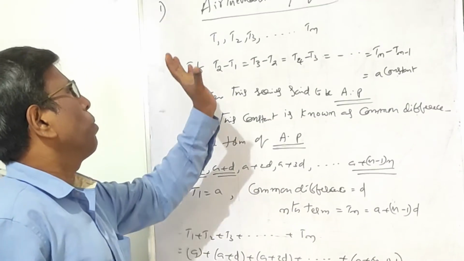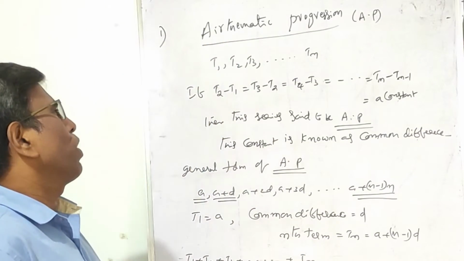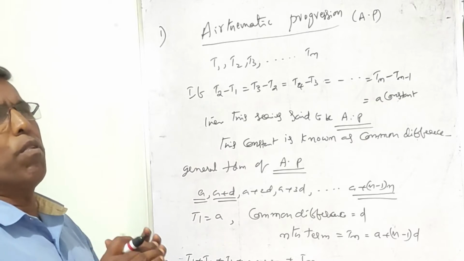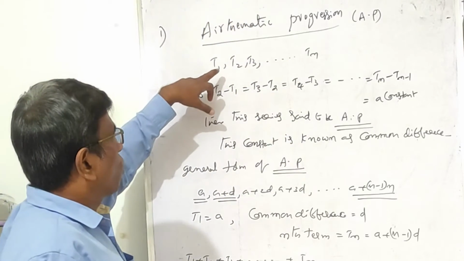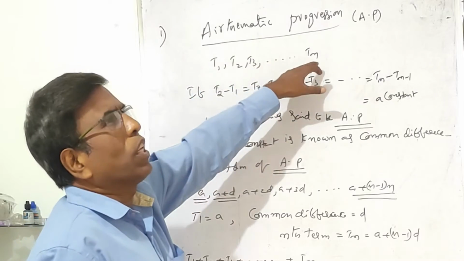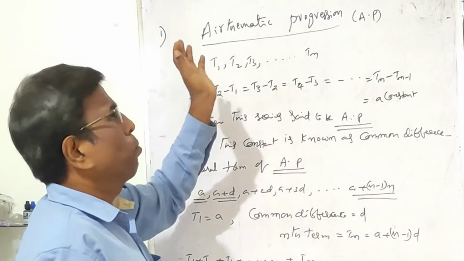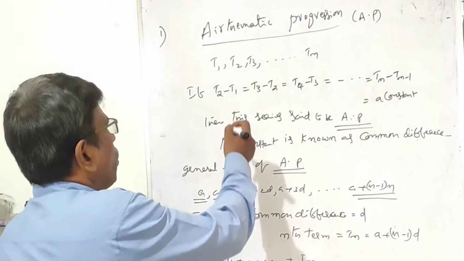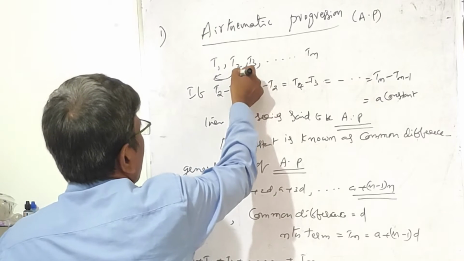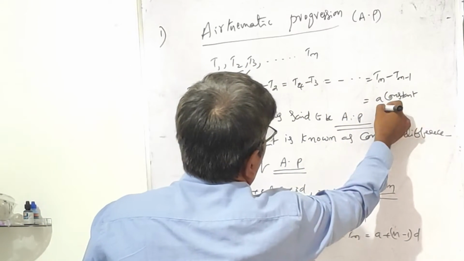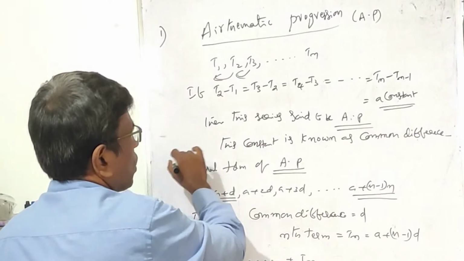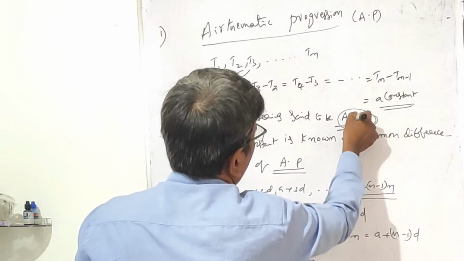So this is the arithmetic progression. This is a very important series. Everywhere in mathematics, arithmetic progression is very important. T1, T2, T3 and so on, Tn are numbers in some series. If T2 minus T1, T3 minus T2, T4 minus T3, and so on, is a constant, then this is said to be an arithmetic progression.